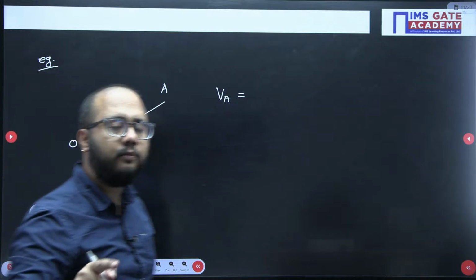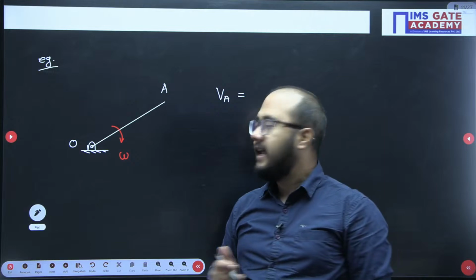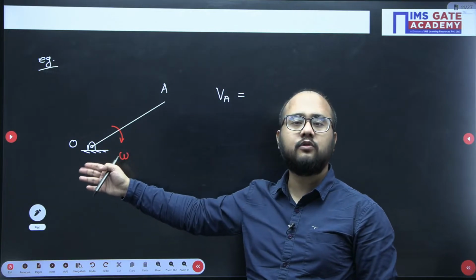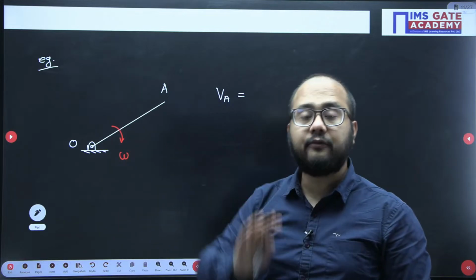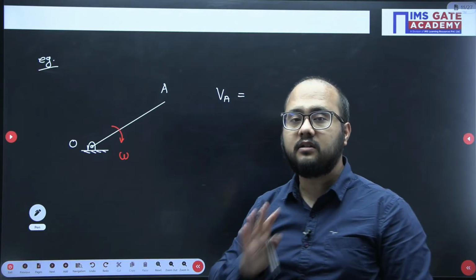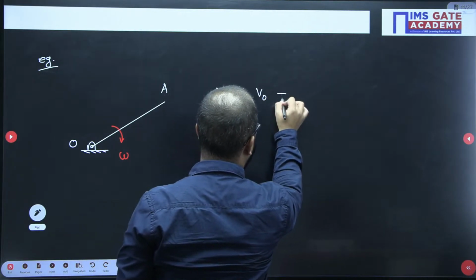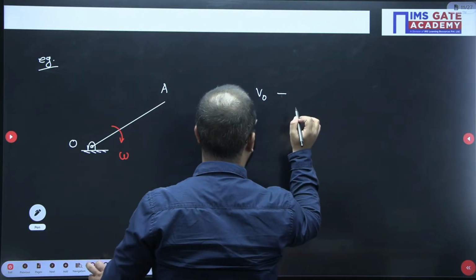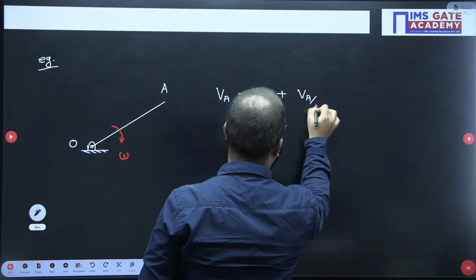Because for point O, I know the velocity. In this given system, what is the velocity of point O? Zero. So O will be considered as the reference point because for that point I know the values. So the velocity of O plus the velocity of point A with respect to O.